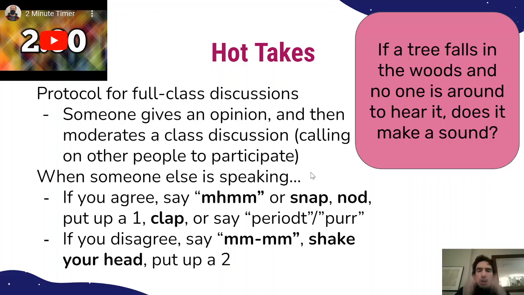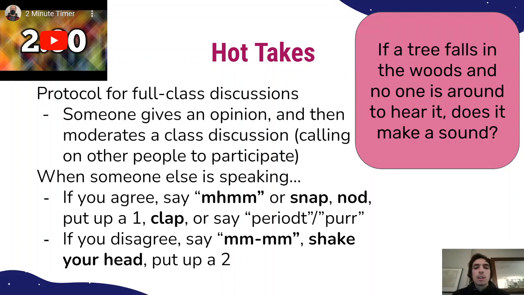And the main focus of this routine is that I wanted students to have something to do when they're listening to show that they're actively listening, because having a classroom discussion with 30 teenagers in a room can be difficult because they all have strong opinions, which is amazing. But if we're not organized about that, obviously it can get out of hand, and it can get to a point where no one's listening to each other.